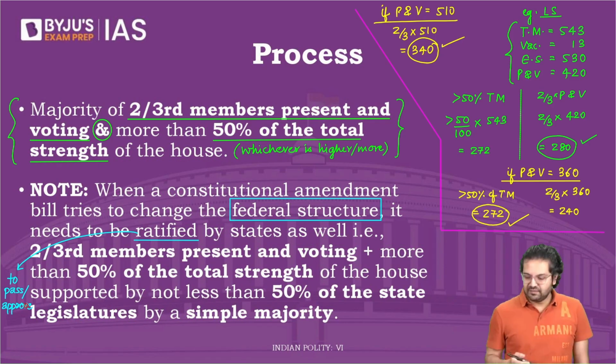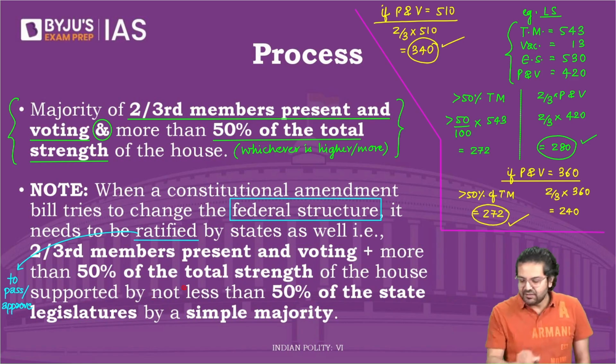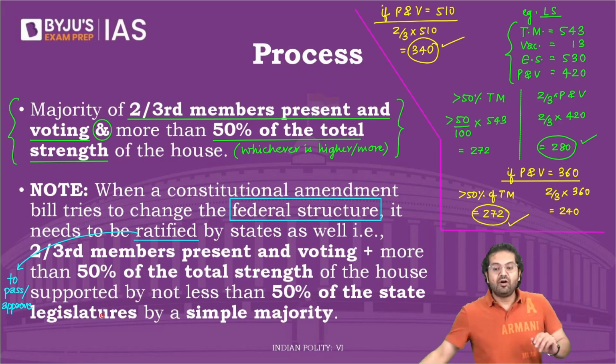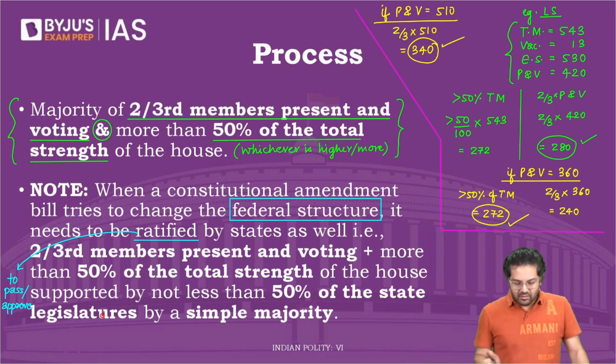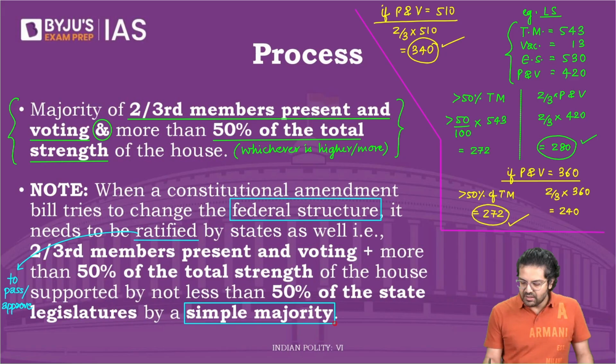How many states? 2/3 members present and voting plus more than 50% is required. And also supported by not less than, meaning at least 50% of the state legislatures. Half of the states have to do it by a simple majority.